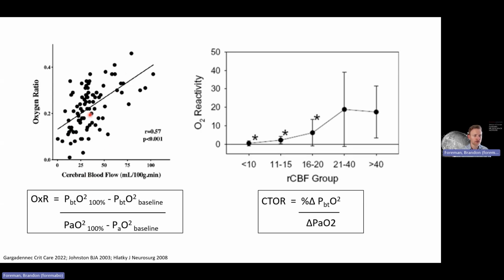So the lower the flow, the more sluggish that response is, or the more muted it is. And that had an 81% sensitivity for detecting hypoperfusion of the brain after injury. In this older study, which is really nicely done using xenon CT, they showed that when your cerebral blood flow is lower, the oxygen reactivity similarly becomes much lower. I'll show you an example of this.